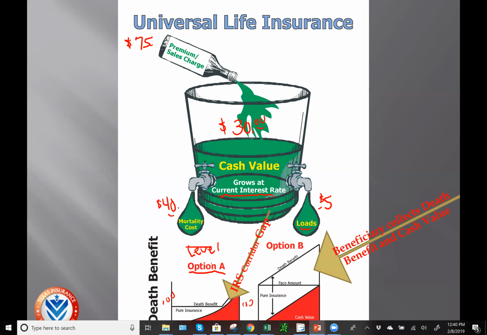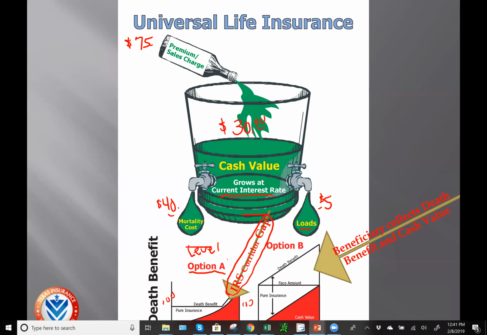Now, you see here next to option A, I have an arrow and it says IRS corridor gap, and that is in your book also. And I'll tell you why those words are important. You do not have to understand how it works, but I'll show you in a moment why the words themselves are going to be important for your test.